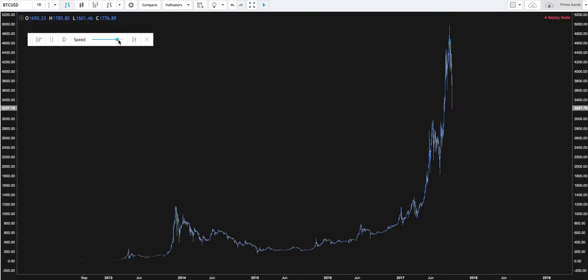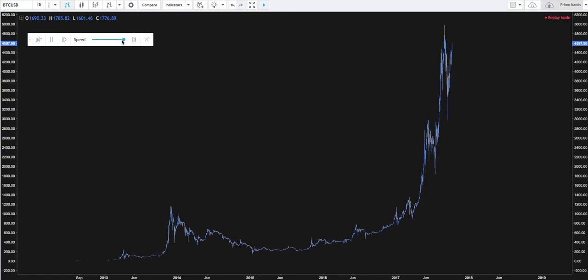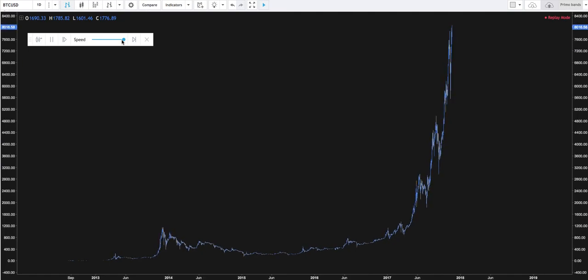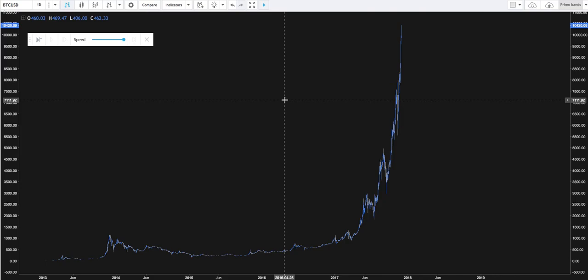So there's a nice retrace. And then this happens. So there you are. There's your next vertical line. So that's our third bubble. You could say that we're in the third bubble now.